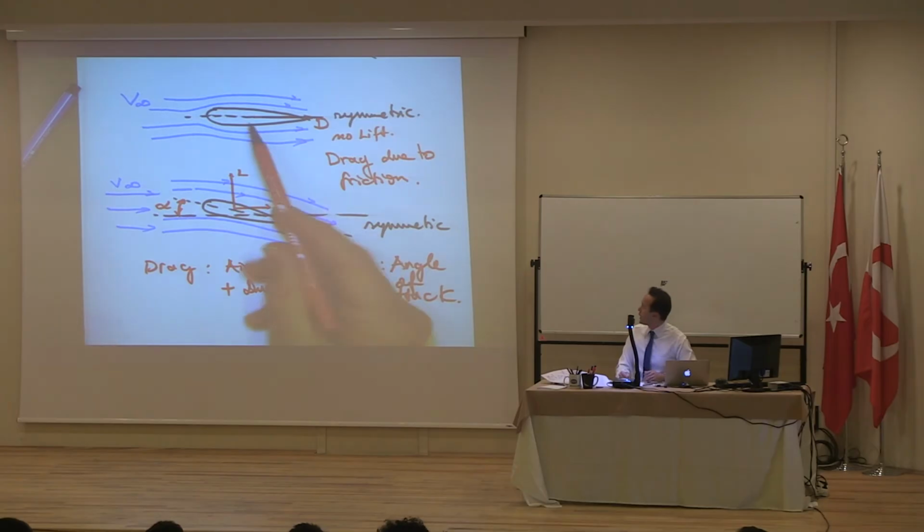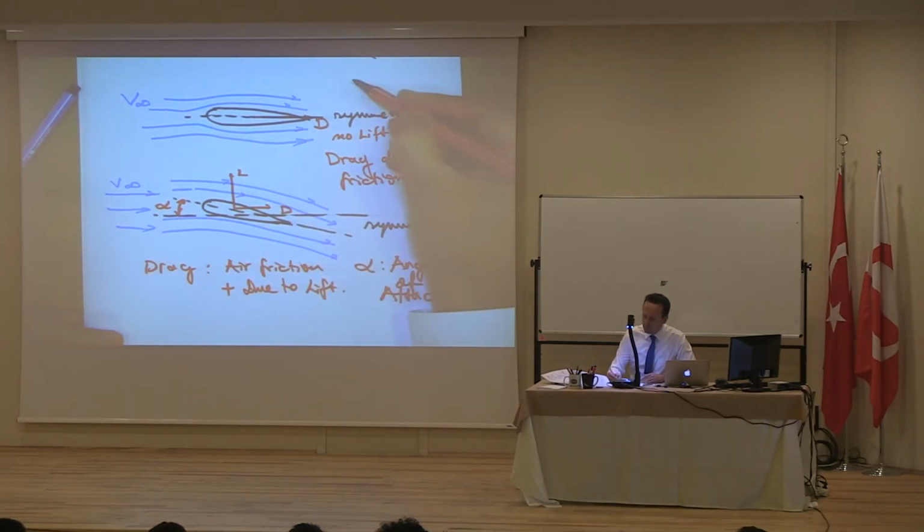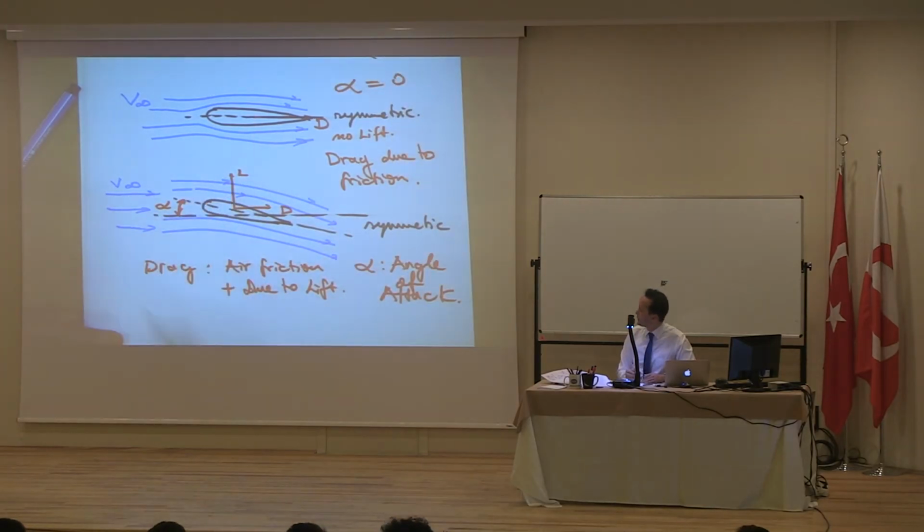So if you look at this picture up here, the angle of attack was equal to 0. Right? No angle of attack. This one here does have an angle of attack. Therefore, it has lift and this is drag. Here it has only drag because of air friction, and here it has drag because of air friction and due to lift. Does that make sense?